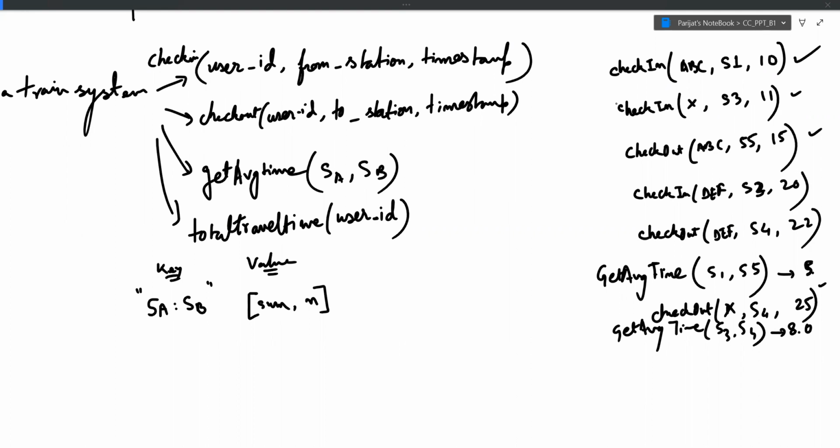Each user will check in once, and unless he checks out, he cannot check in again, obviously, because he's going from one station to another station. He has to check out, and only then can he check in again. Otherwise, he doesn't need to check out in between a journey.